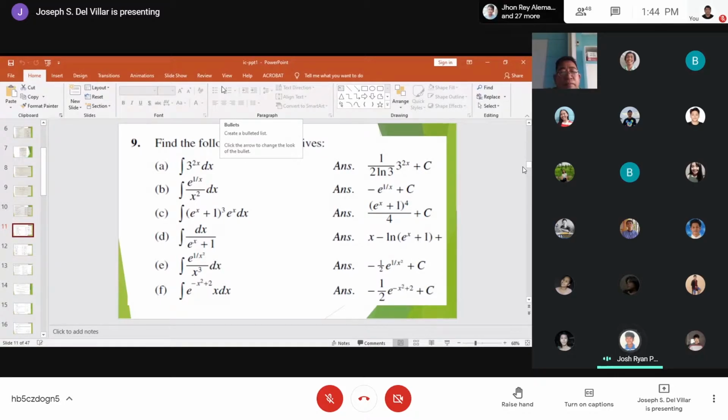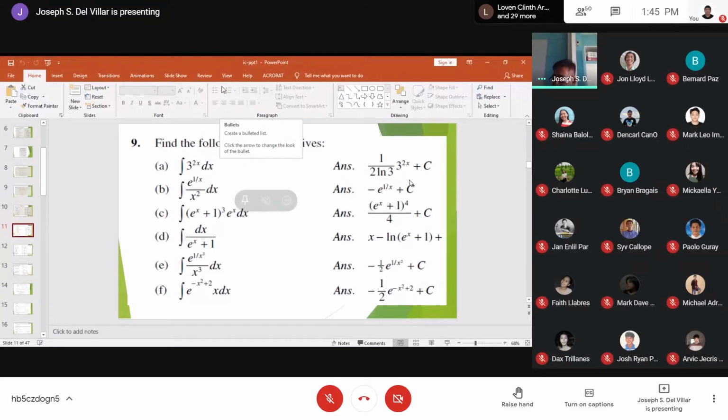Tapos ang may negative po sa labas kaya magiging negative e raised to u. Tapos ang value po ng u is 1 over x, so magiging negative e raised to 1 over x plus c. How about the others? Did you get it? Yes, sir.